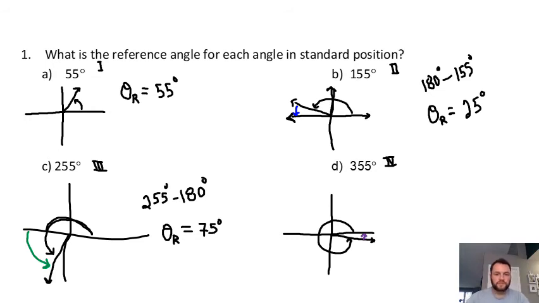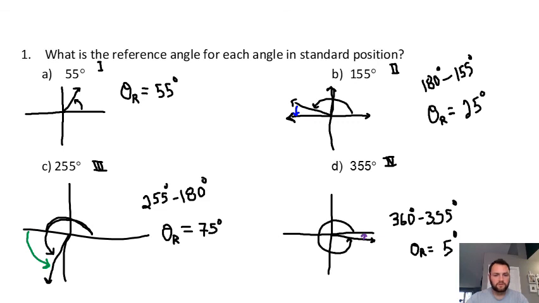So I'm going to use some knowledge. I know that one full circle is 360, and I'm going to subtract that 355. And I'm going to find out that my reference angle is a little tiny 5 degrees.